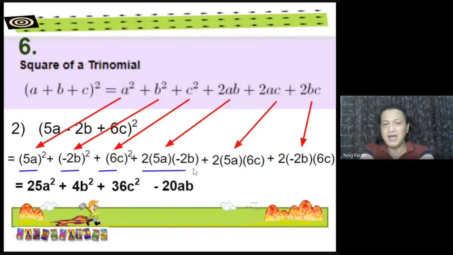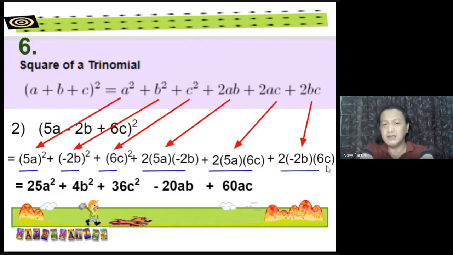That will become negative 20ab. And we have to multiply 2 times 5a times 6c. That is 60ac. So kapag different yung literal coefficient, copy mo na lang siya. And this is, get the product, we have 2 times negative 2b times 6c, that is minus 24bc.